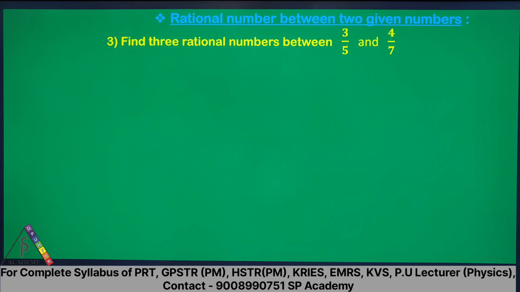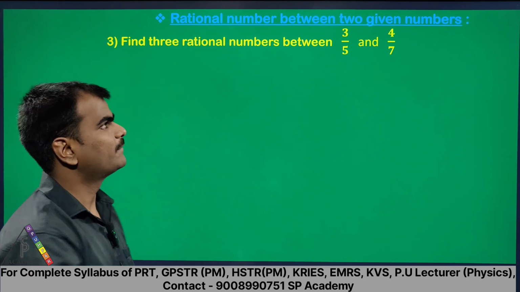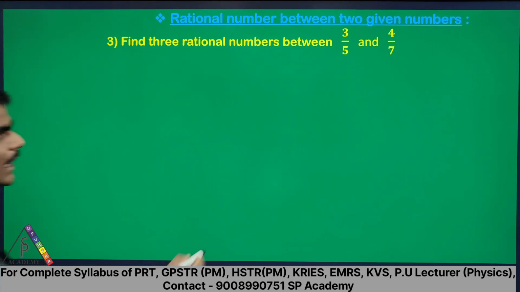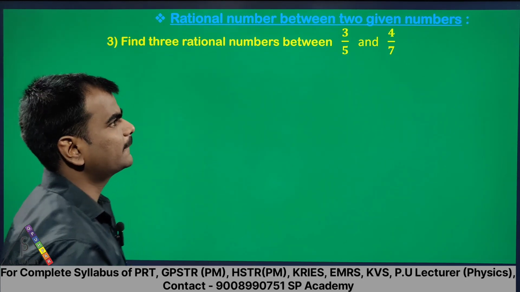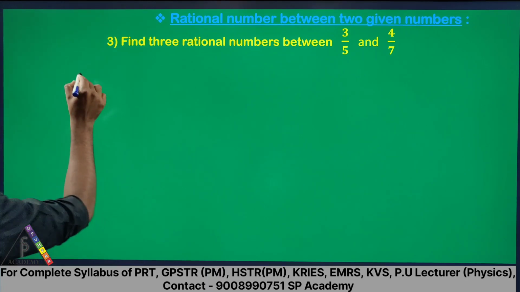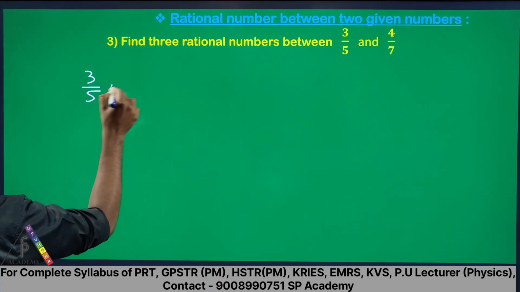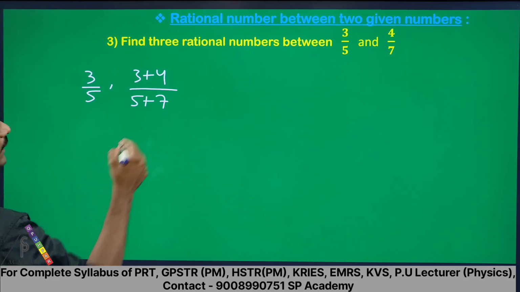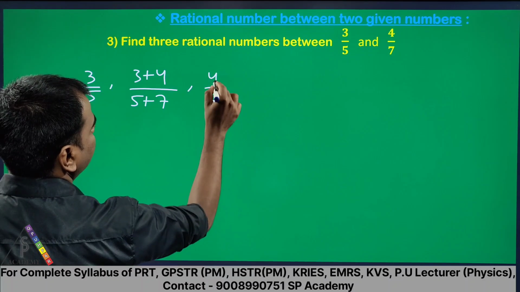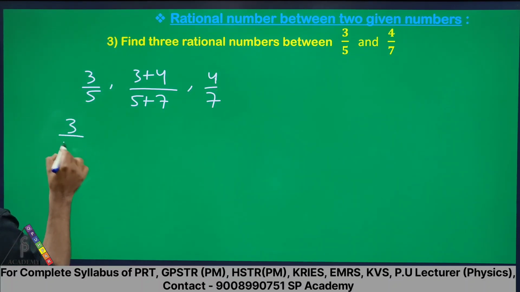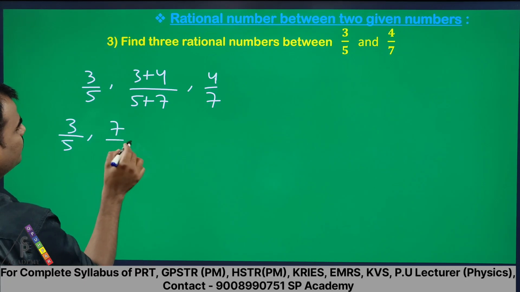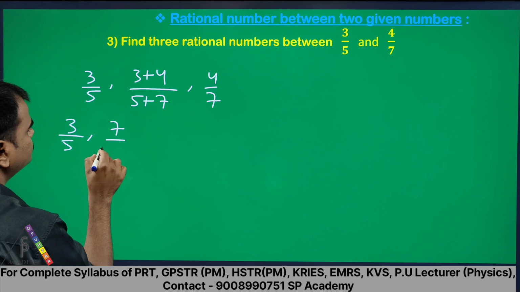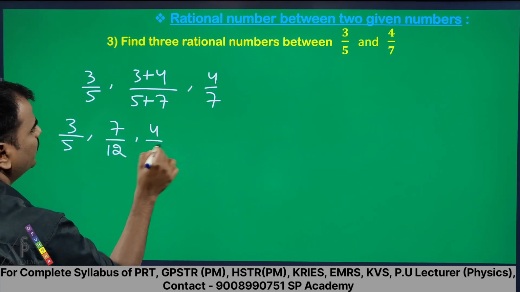Next we will see how to find three rational numbers between two rational numbers. One method is we add numerator with numerator and denominator with denominator. That is 3 by 5 and 4 by 7: 3 plus 4 by 5 plus 7 gives 7 by 12. So 3 by 5, 7 by 12, 4 by 7.